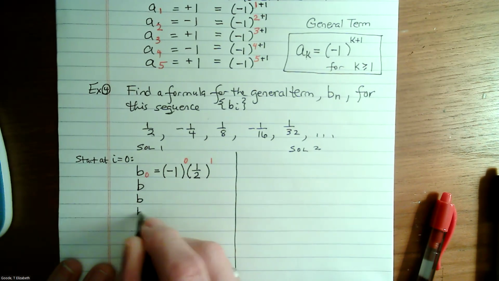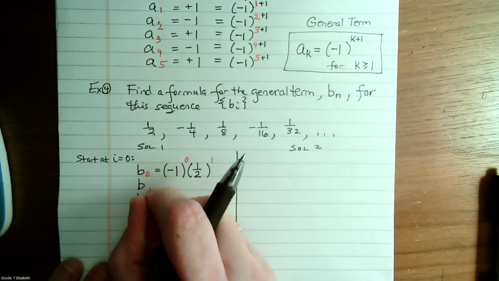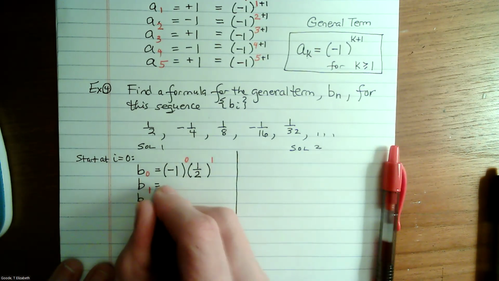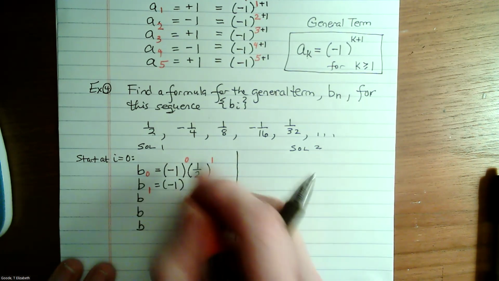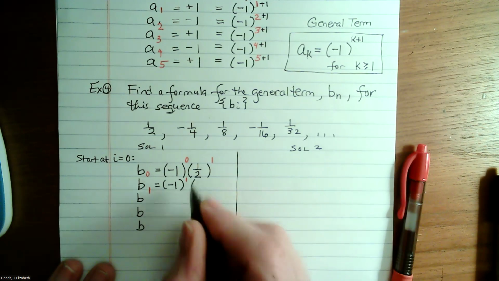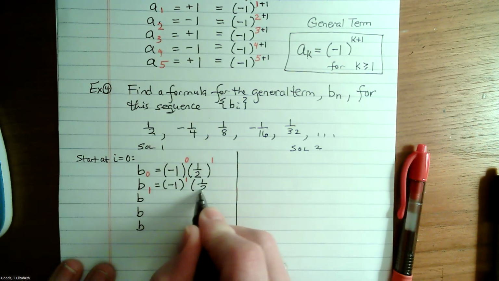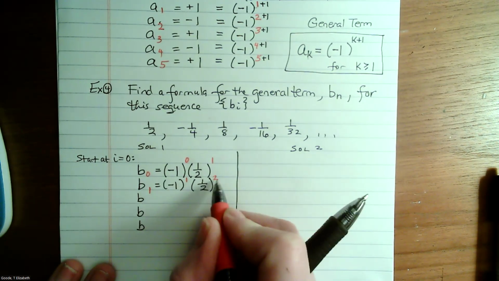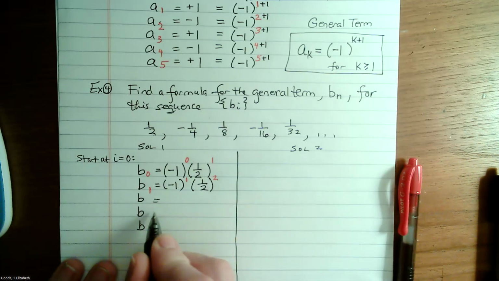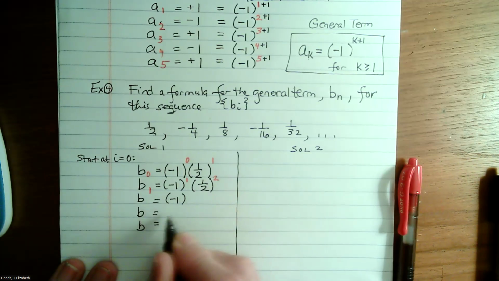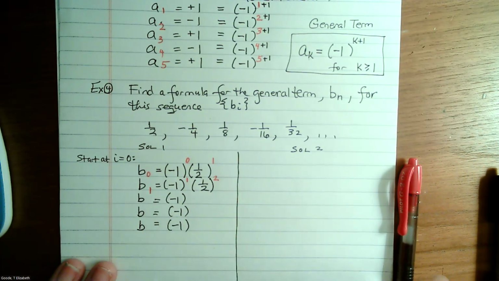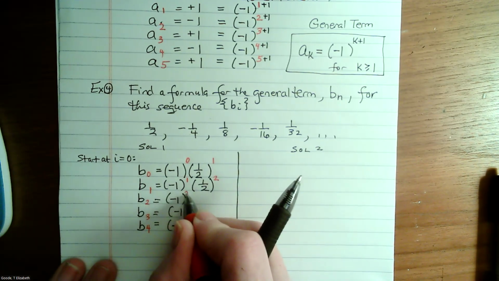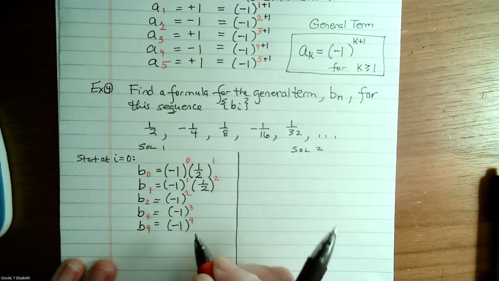Let's look and see if we can see the general pattern. Okay, so this -1/4 would be B sub 1. Well, we want it to be negative, so we'll keep the 1 as the exponent on the -1, but it needs to have a magnitude of 1/4. So we can add 1 to 1 and square 1/2, and that gives us -1/4. And I think you can see that if we just consistently apply this pattern where we use the indexing number as the power on the -1, that will work out to give us the correct sign.